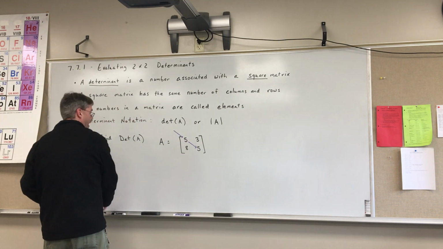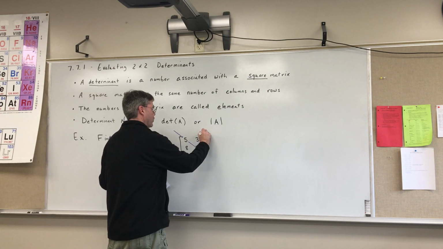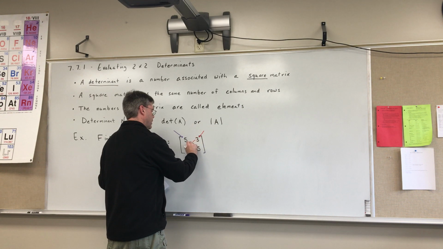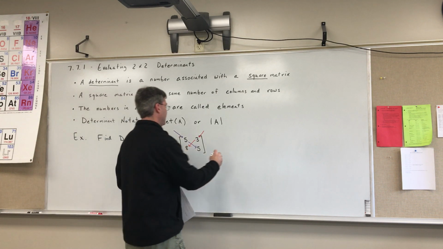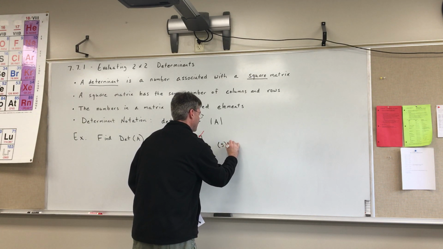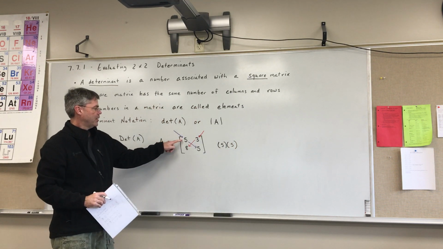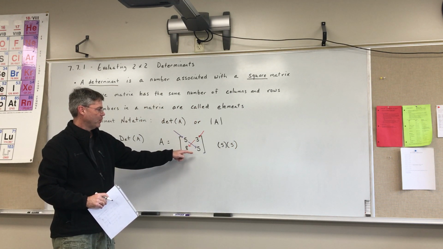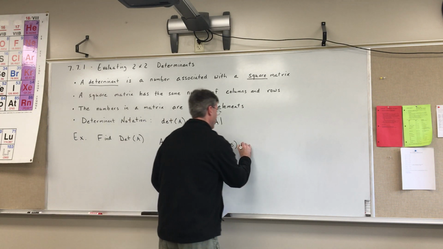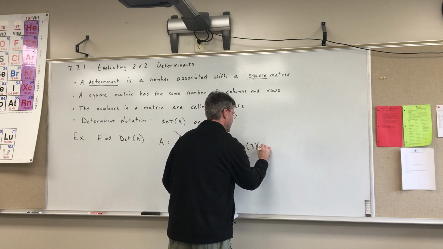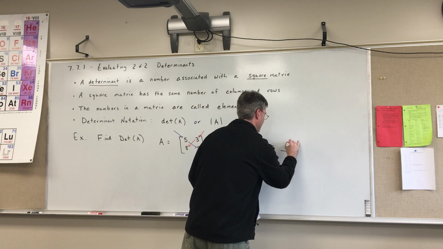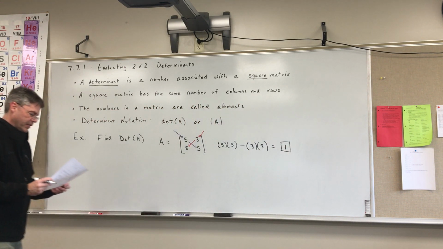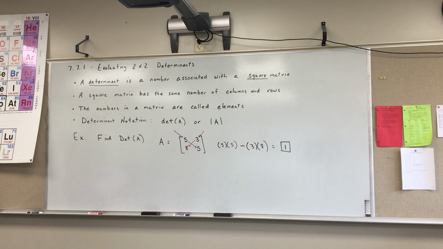And you're going to then subtract the right diagonal, going from right to left. Right, so the determinant is 5 times 5, that's the left diagonal, what I've drawn in purple, minus 3 times 8. So that's 25 minus 24, and so the determinant of this matrix is 1.